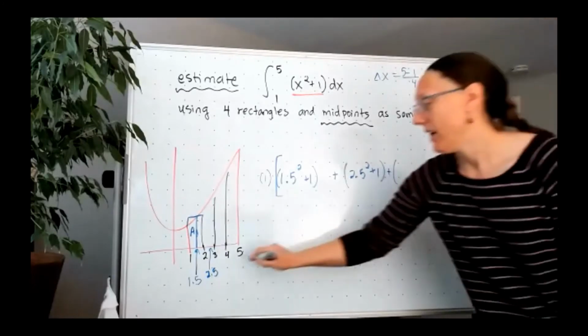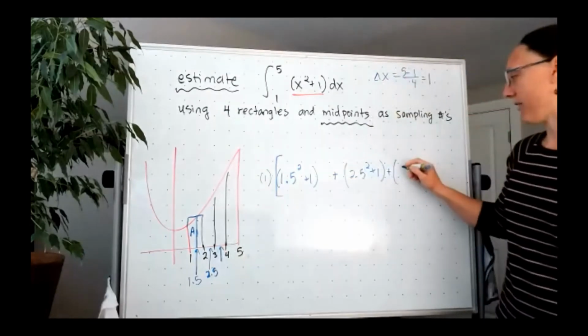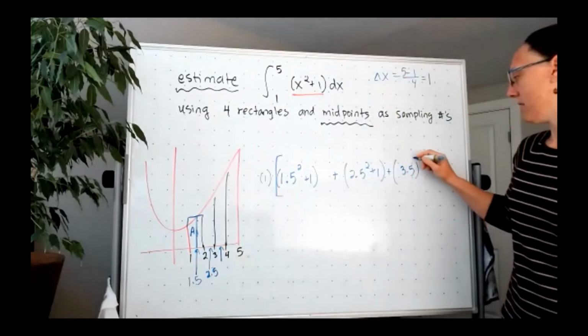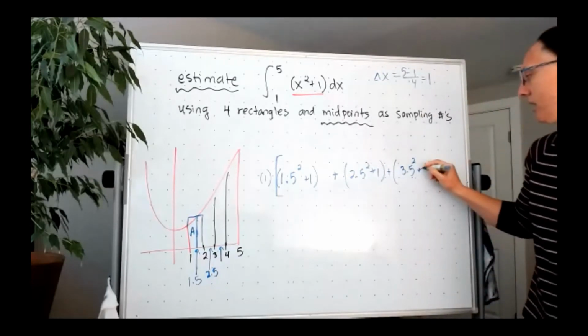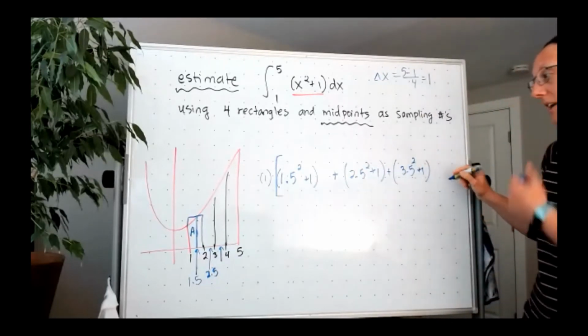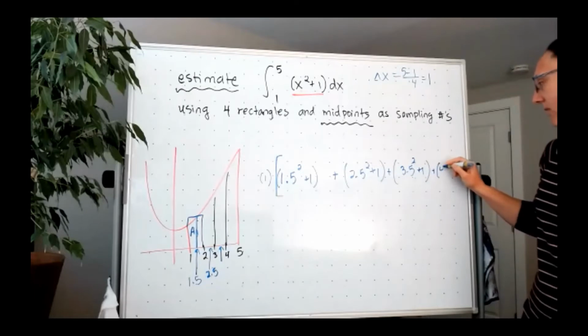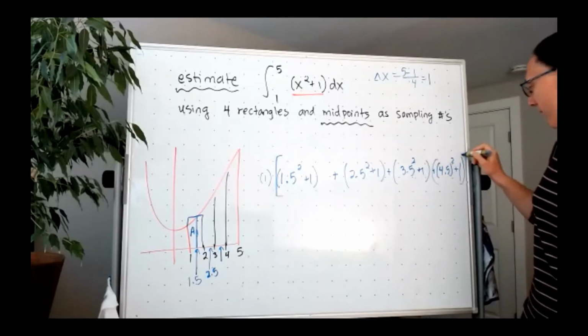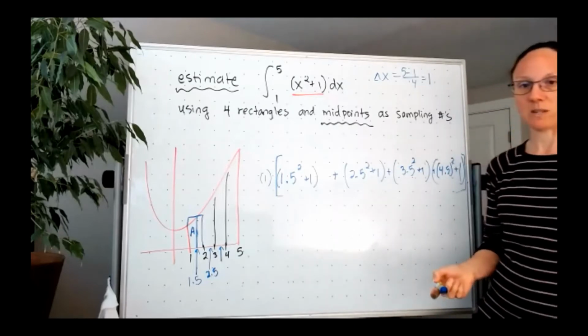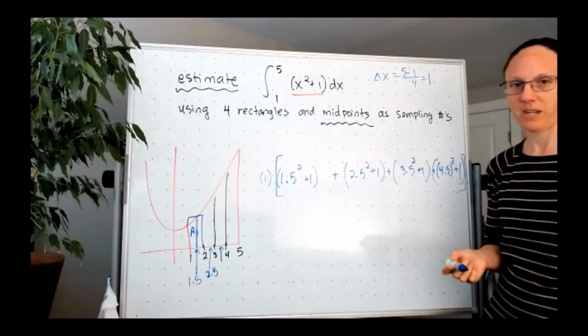The next one, I'd be at 3.5 for that midpoint squared. And then for the last one, I'd be at 4.5. We'll just give myself extra parentheses because I wrote some extra parentheses there.